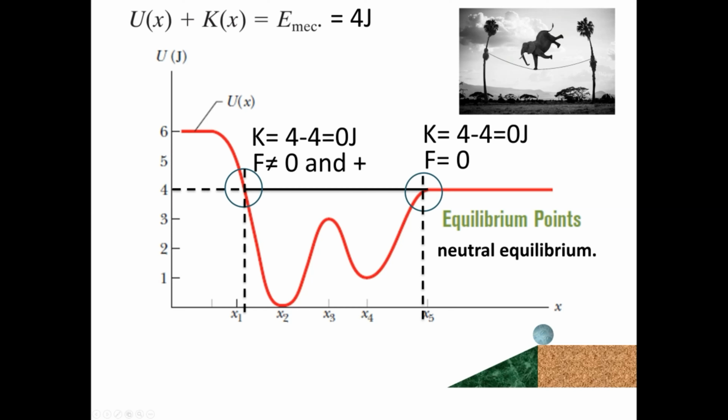But those points where we have 0 kinetic energy, but my force is not equal to 0, are very, very important. On the left-hand side, we have a kinetic energy of 0 and a force that's not equal to 0. On the right-hand side, we have kinetic energy of 0, but also force equals 0.